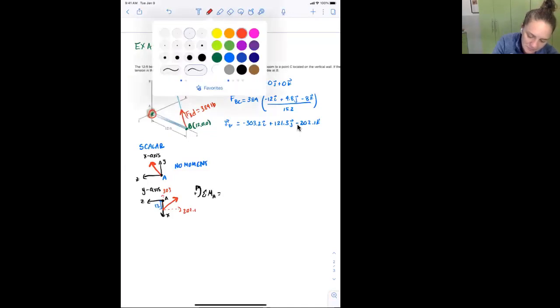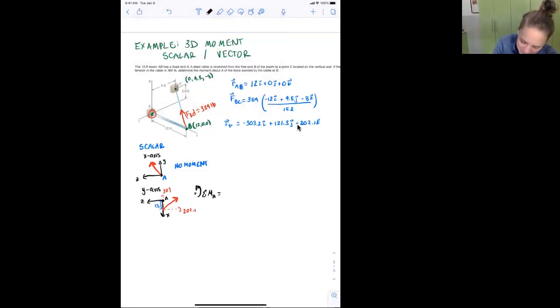All right, so the moment about point A is going to be 202.1 times 12. Now, this is where I need to think about direction and not automatically put in the negative sign that was there on the force. This is going to cause rotation.